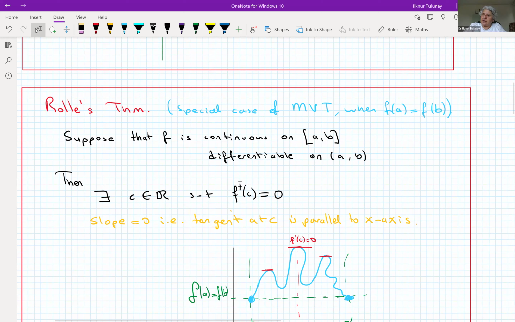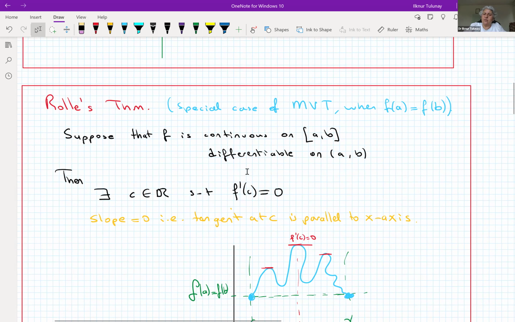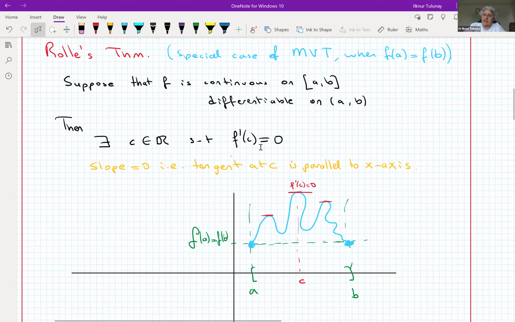in R, such that the slope at that point, the tangent slope at that point, will be 0. This is the derivative at point c, but geometrically it means a slope. So f'(c) is the slope of the tangent at c, and it is equal to 0, which means the tangent is parallel to the x-axis. In this case, f(a) is equal to f(b), so we have only one line.